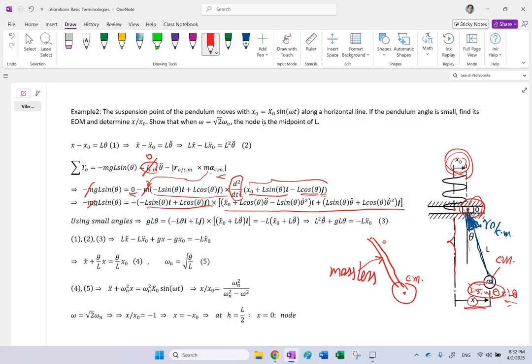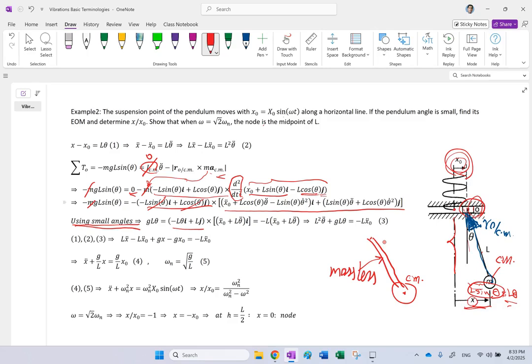And when you carry out the cross product, you're going to get some result. But before that, I need to use my small angle assumption. So wherever I had sine theta, I replaced it by theta. Wherever I had cosine theta, I replaced it by 1. Also, if there is a term that has 2 small terms multiplied together, or a term to a power more than 1, I consider them much smaller than the rest of the terms, and I eliminated that.